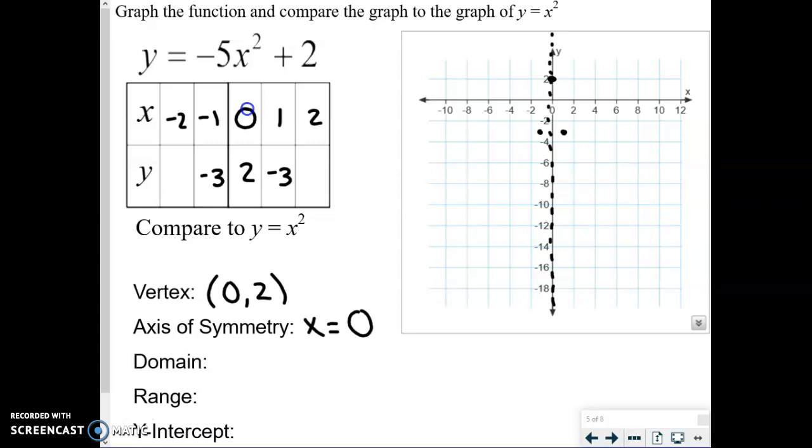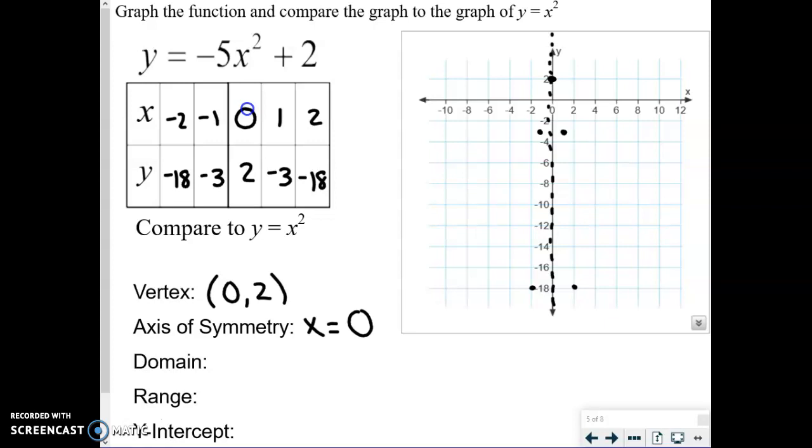And the next point then here would be putting in 2 and -2. Well, 2 and -2 squared is 4, times -5 is -20, plus 2 would be -18. So again, still opening downward here at (-2, -18) and (2, -18).